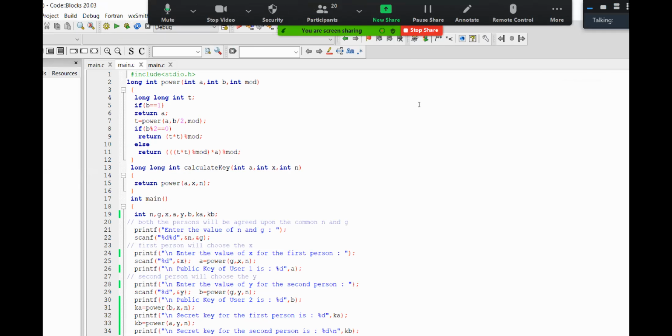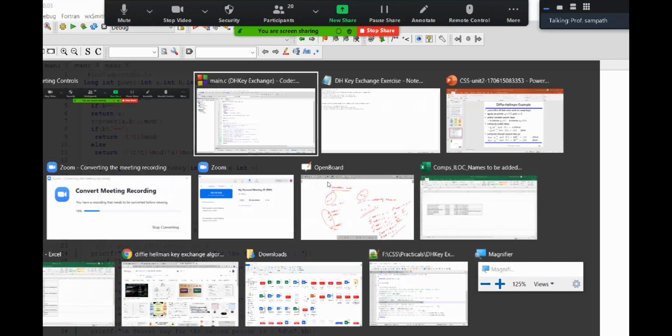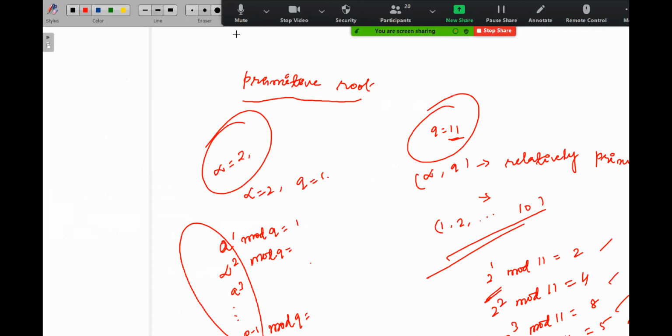Based on the selected private key, both users will calculate their public keys. After calculating, the public keys can be exchanged with others.